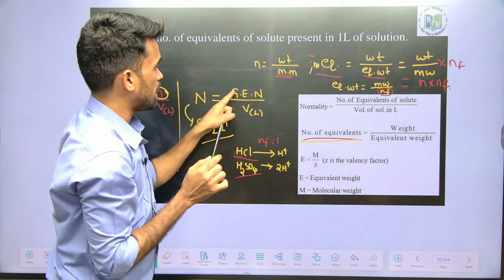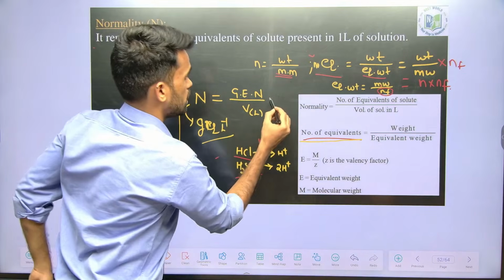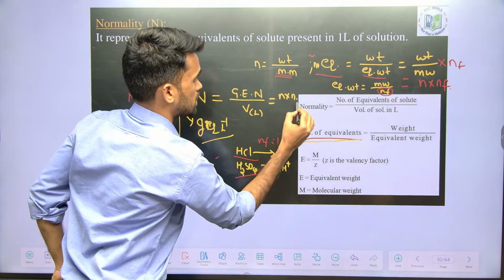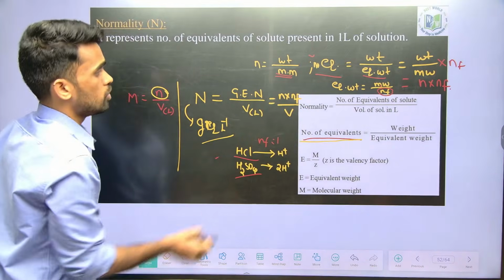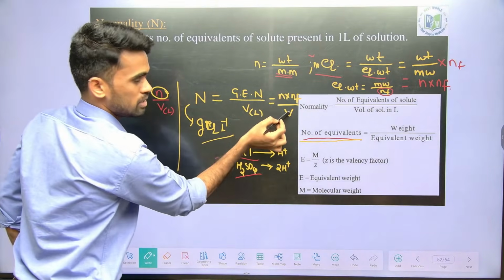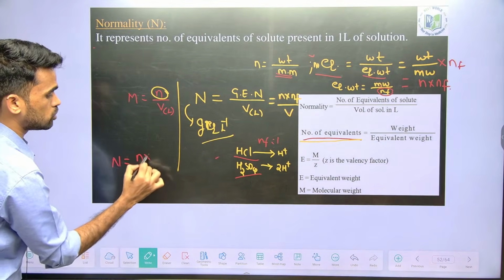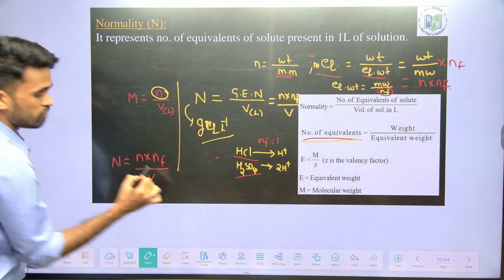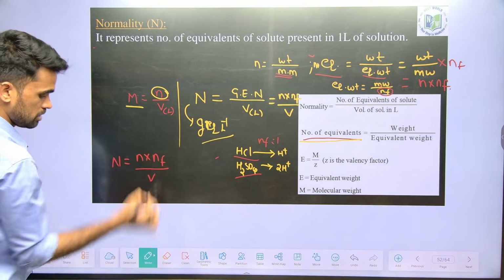So now wherever I have number of equivalents, there I can write n into n factor by volume. So N by V, capital N, is equal to n into n factor by V. Now in the place of n by V I can write molarity.